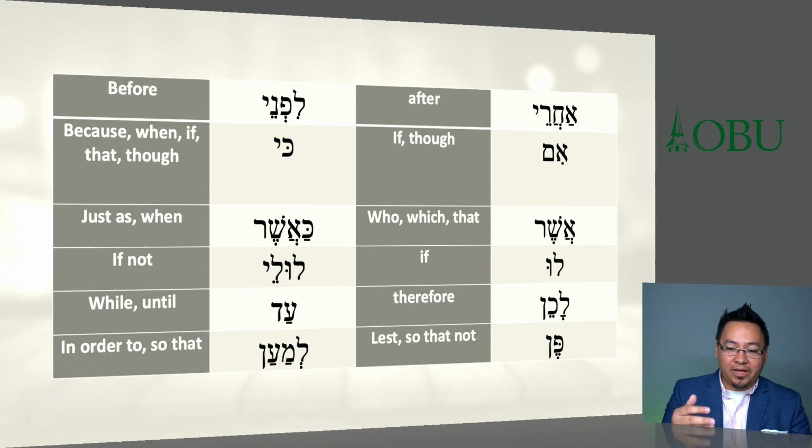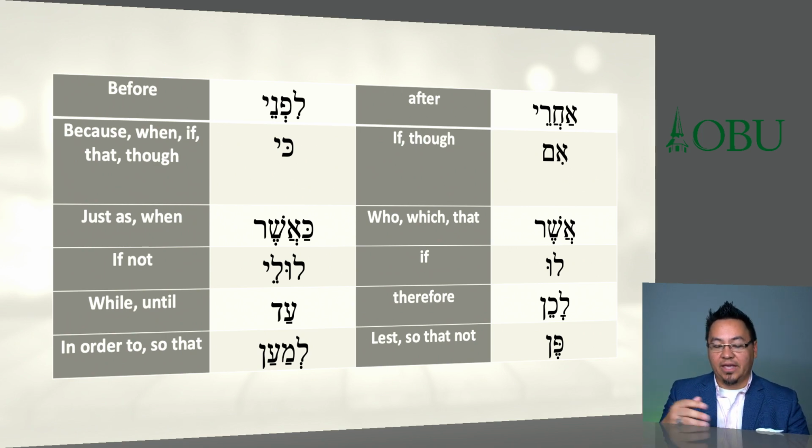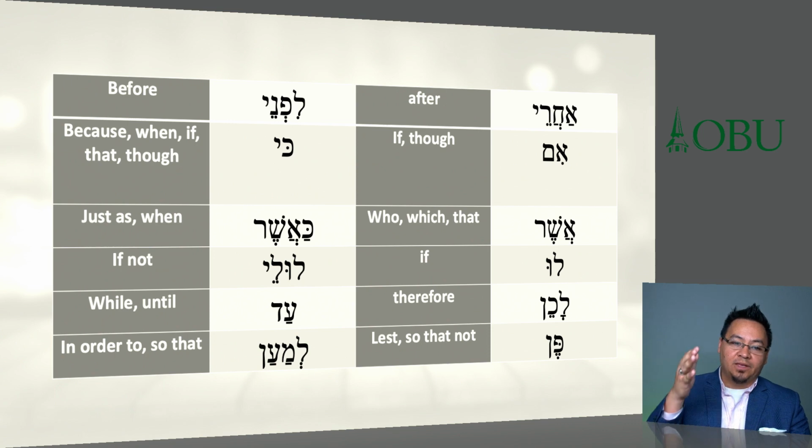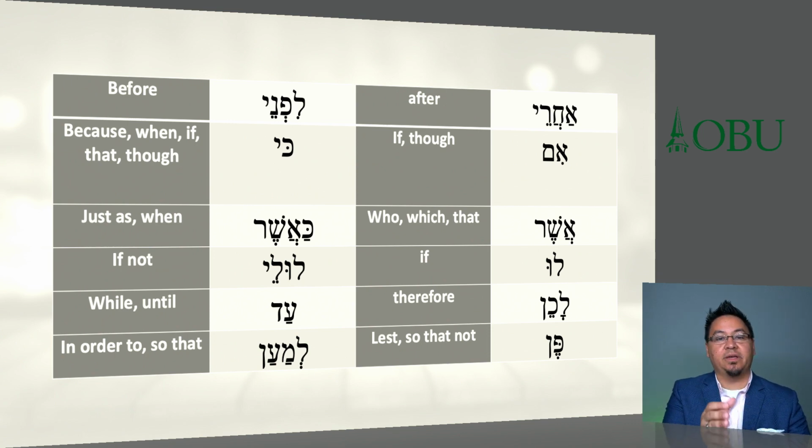We have ahari, after these things. Im, asher. We have lu. We have lekaim. We have pen. These words, when you see them, designate in your mind, okay, the author is about to make a point in the sentence, and we need to pay attention to what comes after these markers. That's an extremely basic thing to pay attention to. If you see one of these words come up, a designator, pay attention to what follows it, because the author is trying to make a point to you, okay?